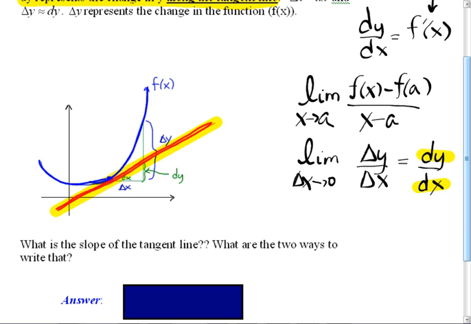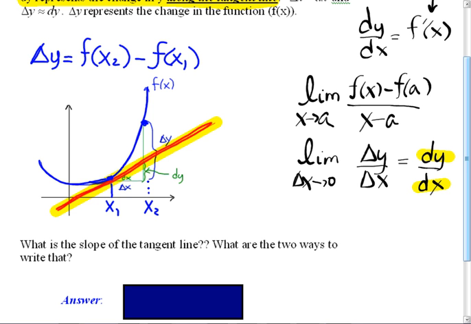So delta y is the change in the y coordinates on the curve. I'll write it again. Delta y is equal to, if we call this one x1 and we call this one x2, f of x2 minus f of x1. It's the change in the y on the function itself. But it's a fixed point. I don't have anything in particular.